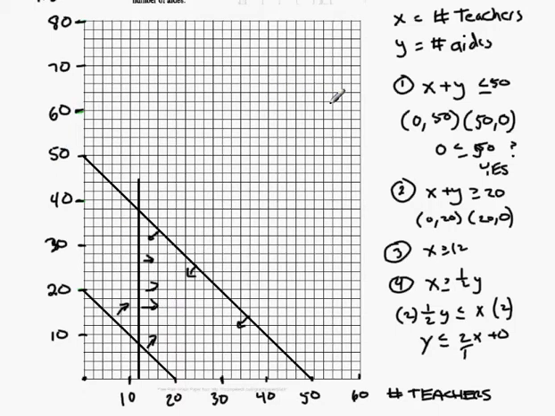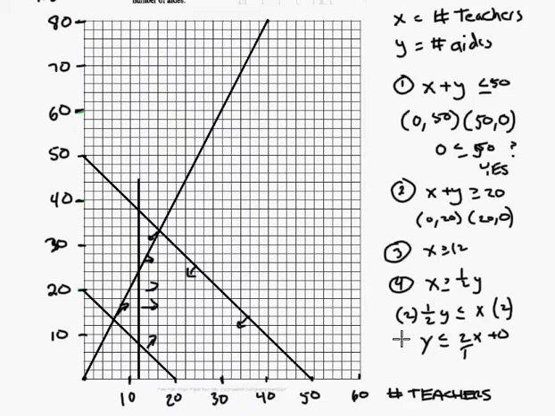Up 60 over 30 also gives me 2. Or I go up 80 over 40. Up 80 over 40 would put me right here. So I can draw a line from here to here. It's going to be pretty darn accurate.